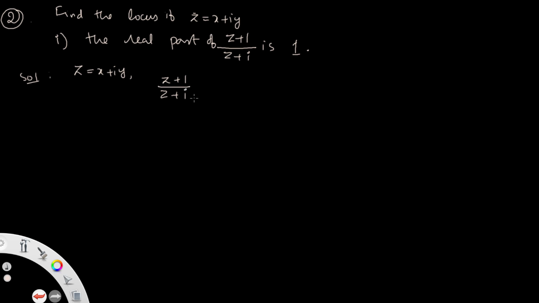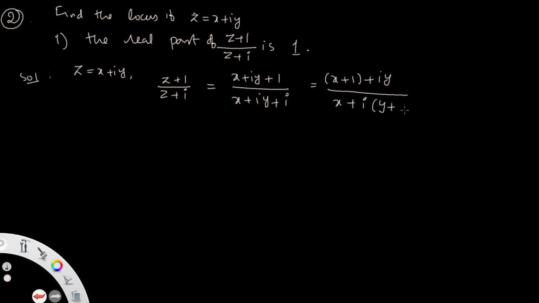First simplify. Where z equal to x plus iy, substitute: (x plus iy plus 1) by (x plus iy plus i). Now separate the real part and imaginary part: x plus 1 is the real part and iy is the imaginary part. In the same way, in the denominator x is real and i into (y plus 1) is the imaginary part.